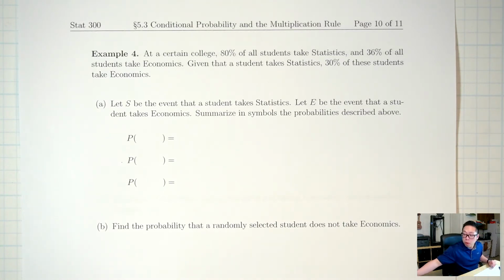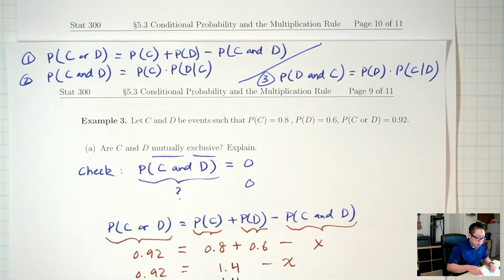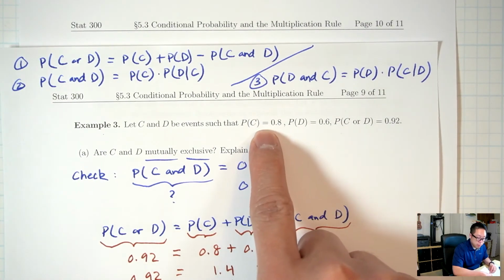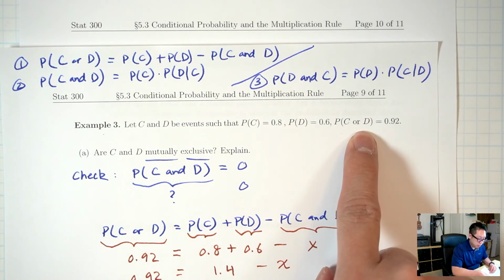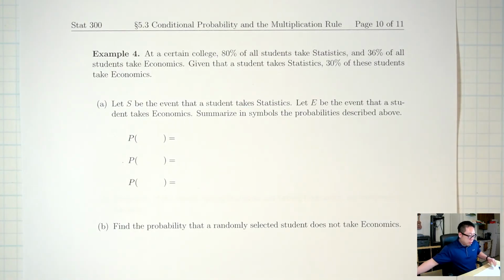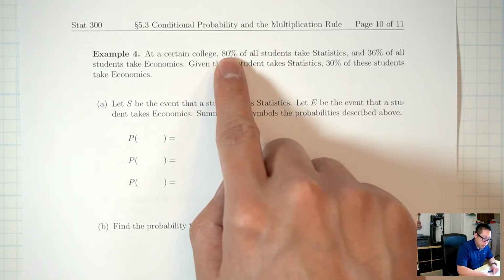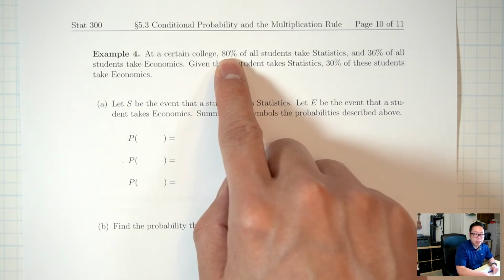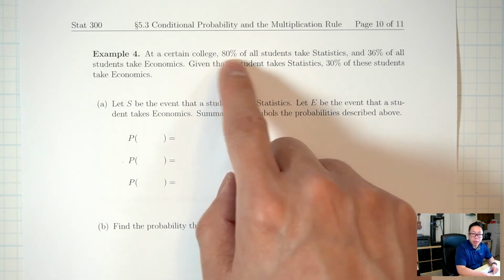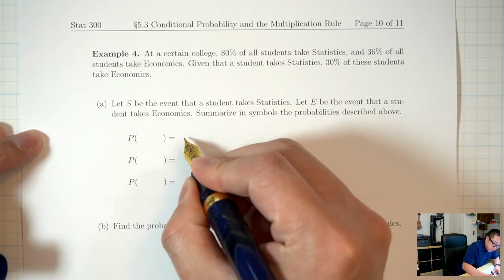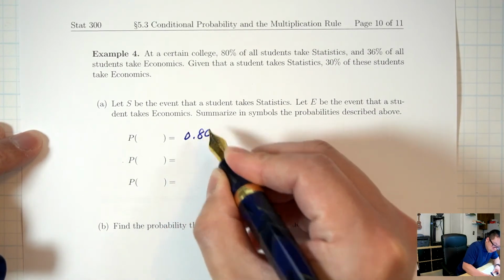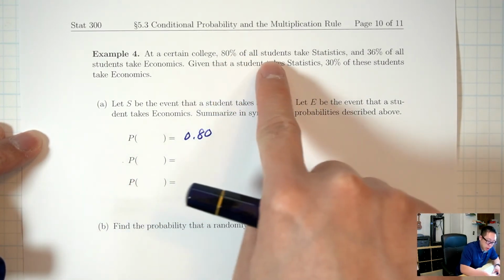So what I'm looking for is things that look like this, or this, or this. Okay? So the first probability here is 80%. So as a decimal, that's 0.80. Okay, and then 80% of all students take statistics.